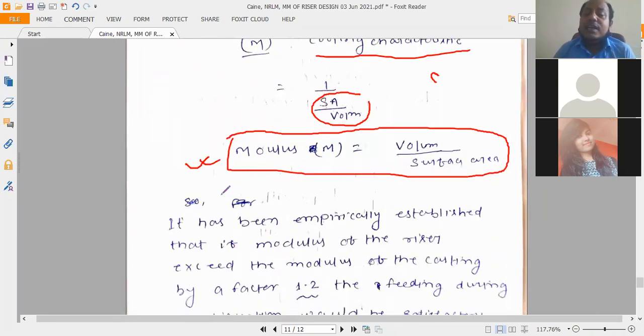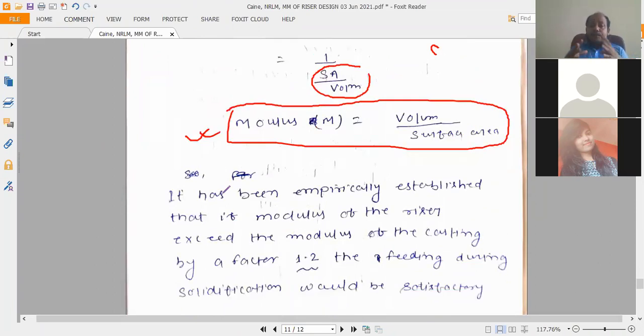After this relation, when the modulus is determined, it has been empirically established that if the modulus of riser exceeds the modulus of casting by a factor of 1.2, the feeding during solidification would be satisfactory.